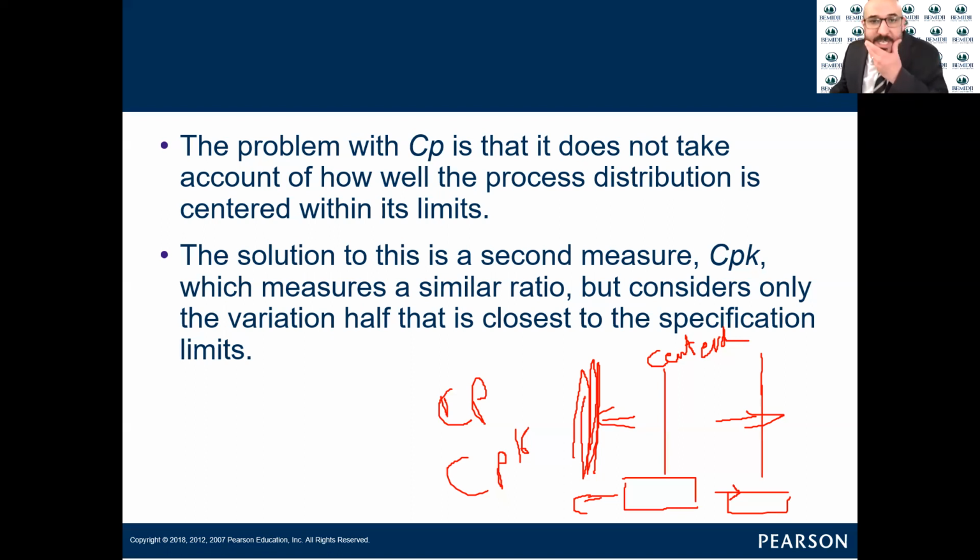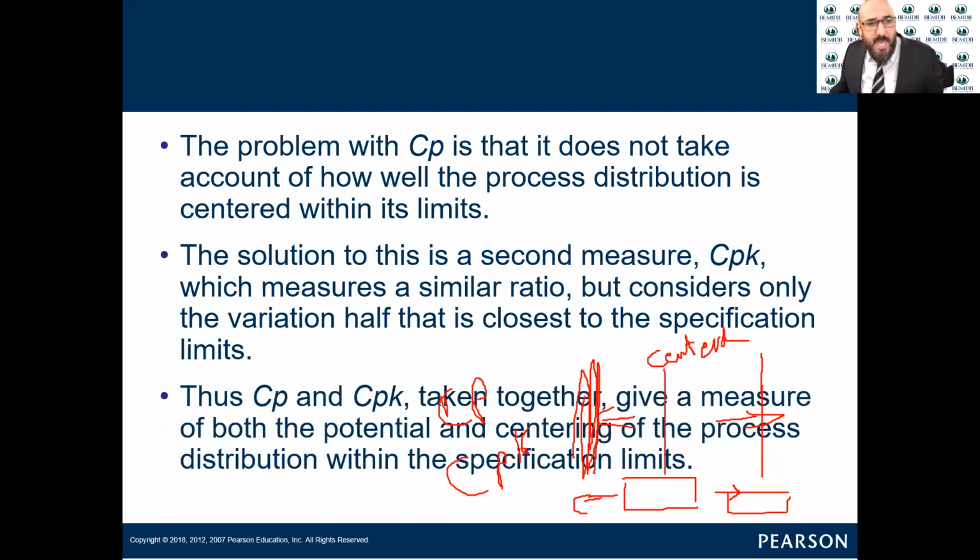This is where the second measure, the CPK, comes in, considering only the variation on the half closest to the specification limit. Thus, the CP and the CPK are both taken as a measure of both potential and centering of the process. So one is the potential capability, is it capable or not? And the other one is the actual center, is the process centered or not?